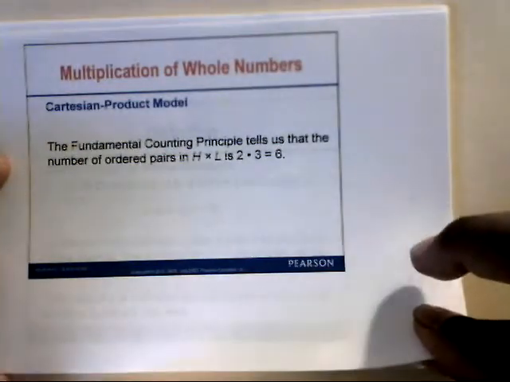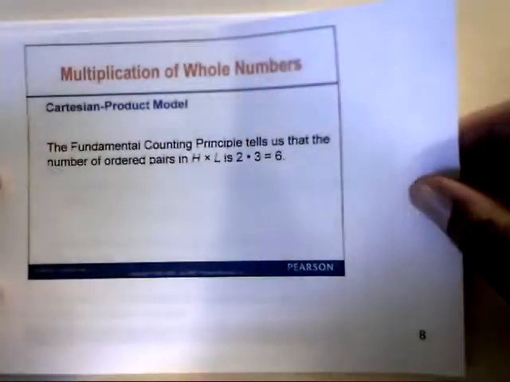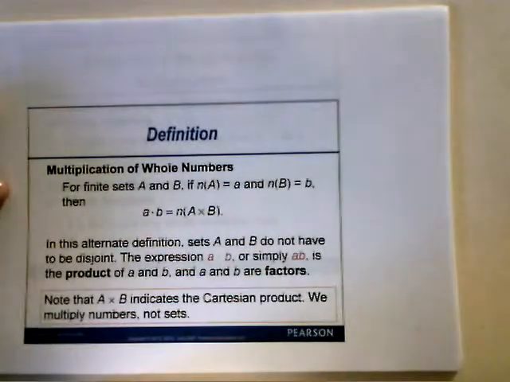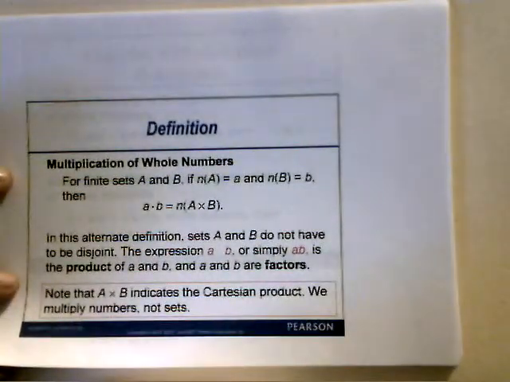That's the representation of multiplication using the Cartesian product. Okay, multiplication of whole numbers for finite sets A and B. If the number of elements in A is equal to a and the number of elements of B equals b, then a times b is going to be equal to the number of elements of A cross B.